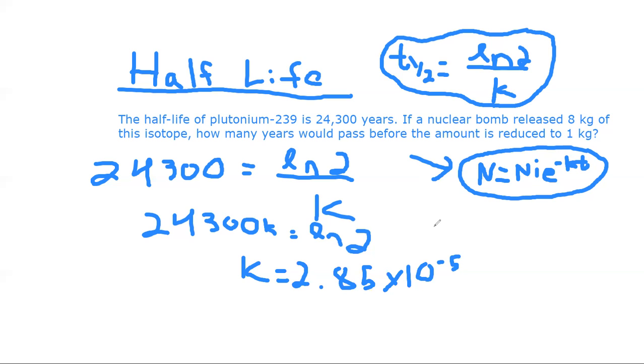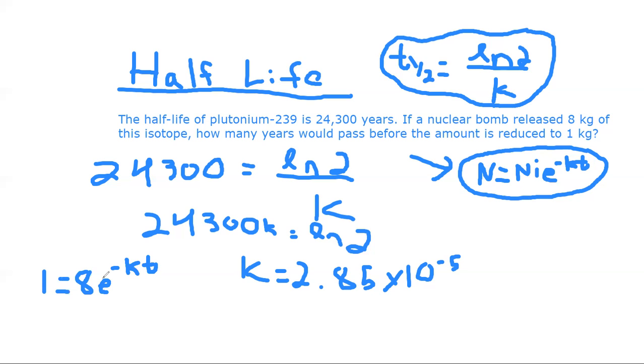So we'll have 1 equals, and the ni is the initial amount, which would be the 8. We have e to the negative k, which we just solved was 2.85 times 10 to the negative fifth. And then we have t, which is what we are solving for.